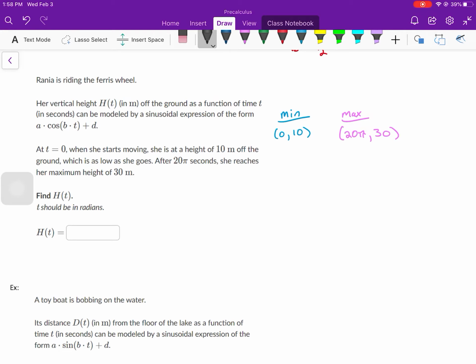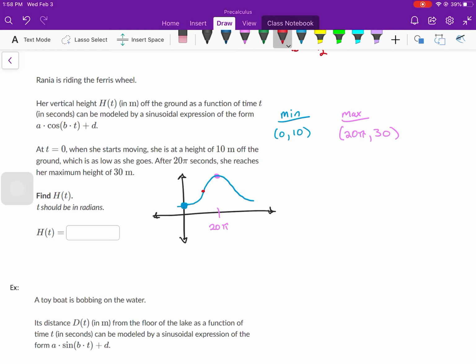So, drawing a coordinate plane. This is cosine. We're starting on our minimum, though, at 0, 10. And then after a while, we'll reach our maximum here, which is at 20 pi. So just kind of picturing it, going through it.